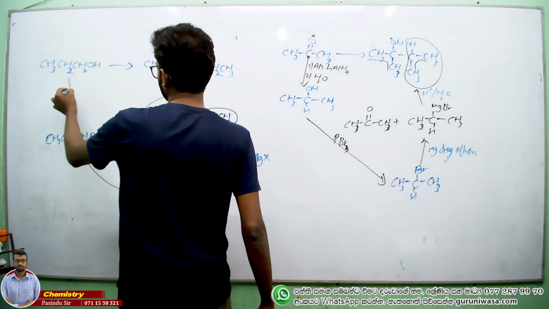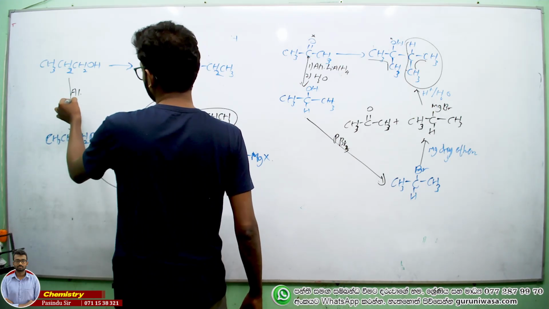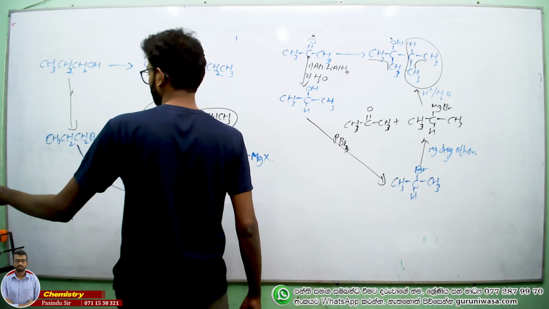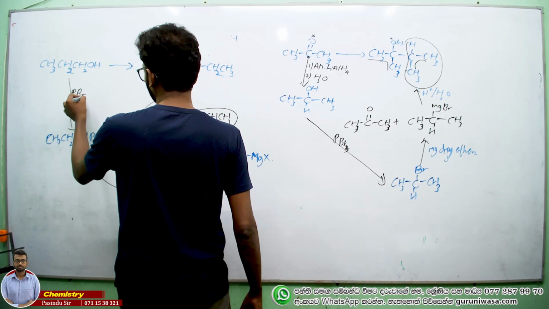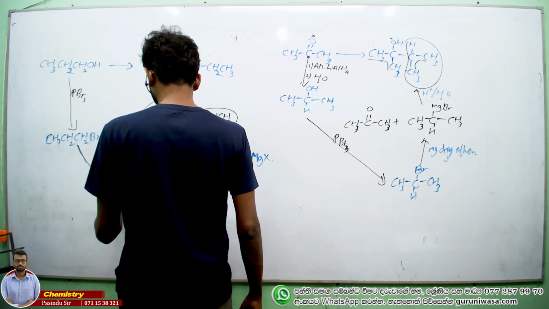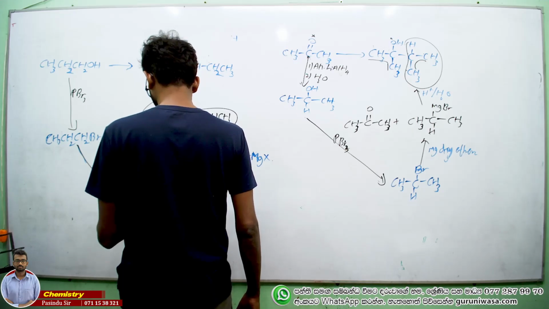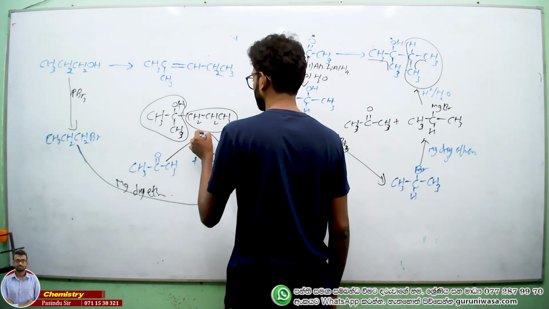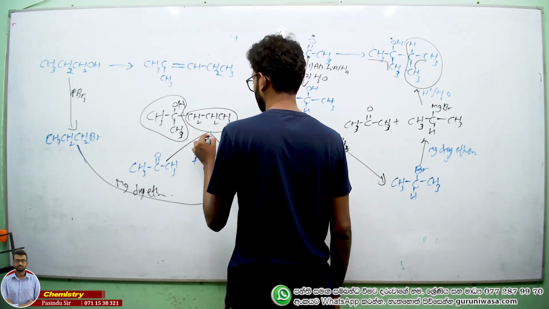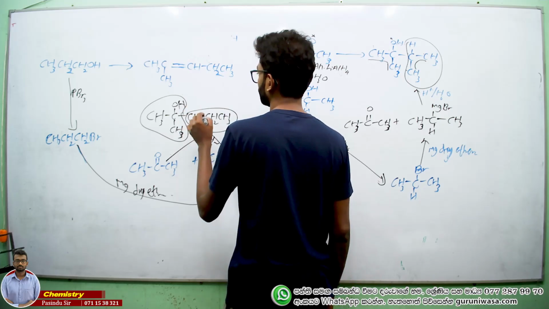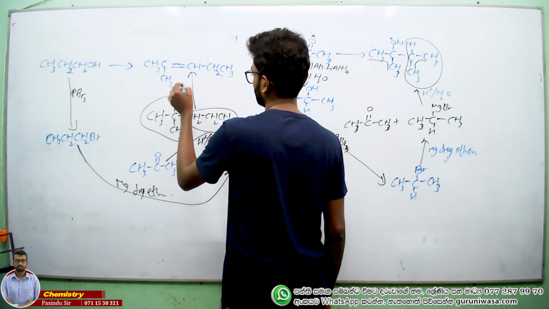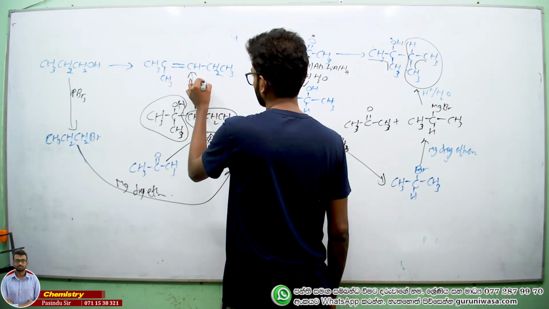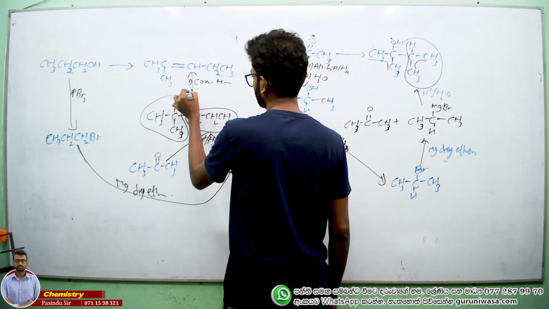So you can add PBr3 and then Mg, dry ether, and then mix these two, H plus, H2O, and then remove the OH group, conc.